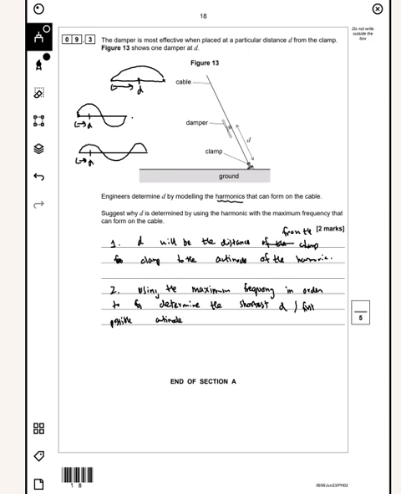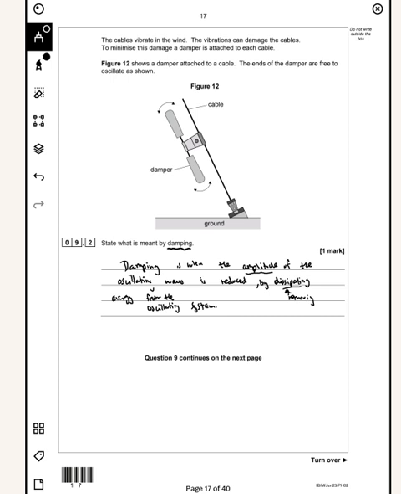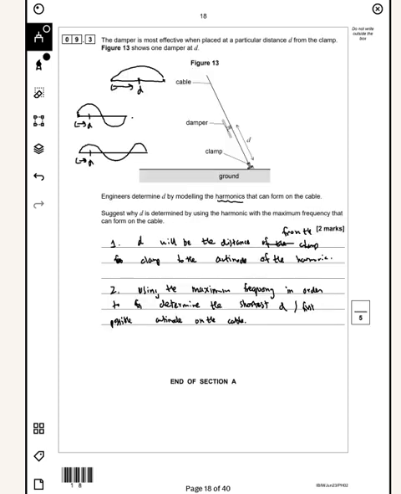antinode on the cable. The reason is that whenever we place this damper, it isn't always going to be the first harmonic that forms. Depending on the vibrations, we need to have the maximum frequency in mind, the maximum harmonic that can form.